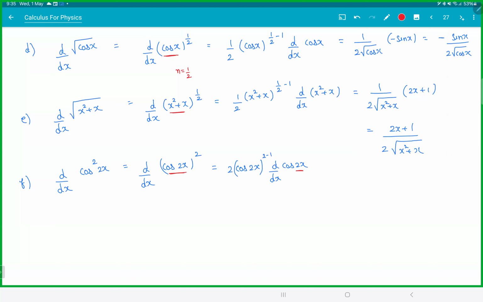Again, when you differentiate cos 2x, this is again a function inside. 2 cos 2x, differential of cos 2x is minus sine 2x. Then differentiate again that 2x. Basically, you keep differentiating till you get dx by dx. This is minus 2 sine 2x cos 2x into 2. So this is minus 2, and 2 sine 2x cos 2x becomes sine 4x. Right, Shashwat, you got that. Others, have a look at this. Please ask me what you're not convinced with.